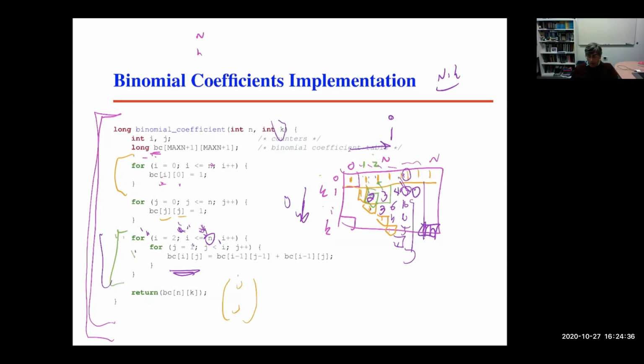How much time does it take to fill in each cell? My claim is it's going to look this item up in the matrix, look this item up in the matrix. That took one step. Adding them together took one step. It copied here. It is spending constant time in each of these n squared cells. So n squared times 1, this is an order n squared algorithm to compute Pascal's triangle.